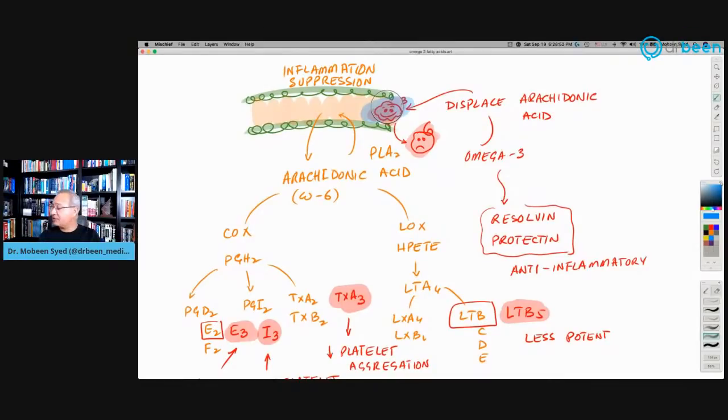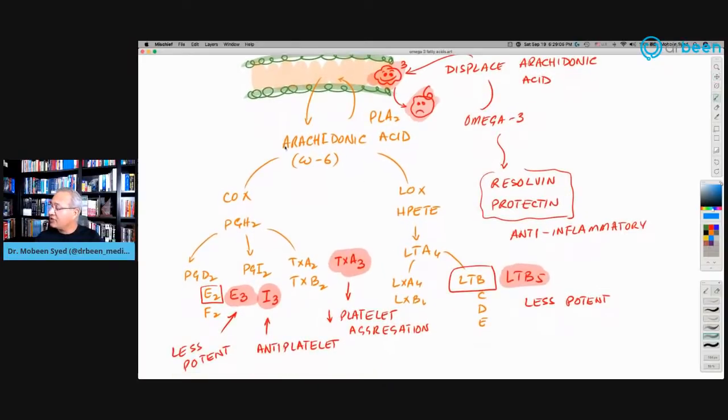And how does that happen? Number one, when omega-3 becomes part of the cell membrane instead of omega-6 or arachidonic acid, then the products of arachidonic metabolism that are made change. Just to review very quickly, we have talked about this metabolism in detail with aspirin in that video. Remember, we have the phospholipase A2 enzyme.